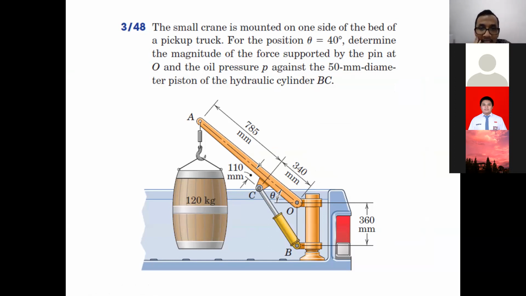Theta there is 40 degrees, and we are supposed to determine the magnitude of the force supported by the pin at O, and the oil pressure P against the 50 millimeter diameter piston of the hydraulic cylinder BC.